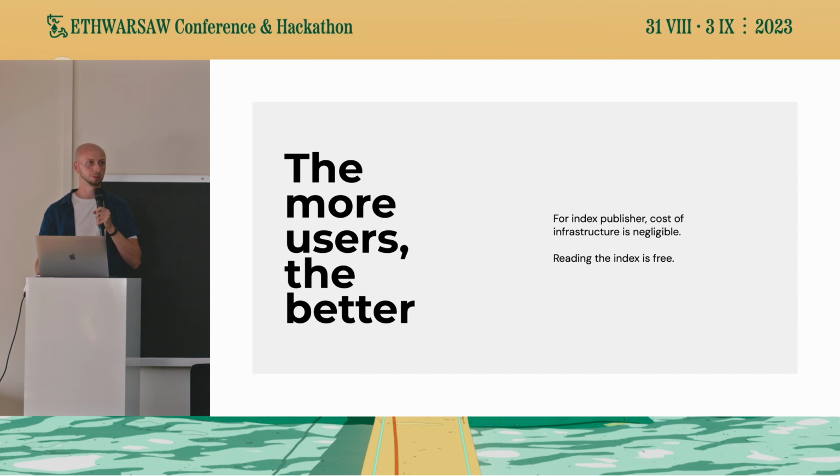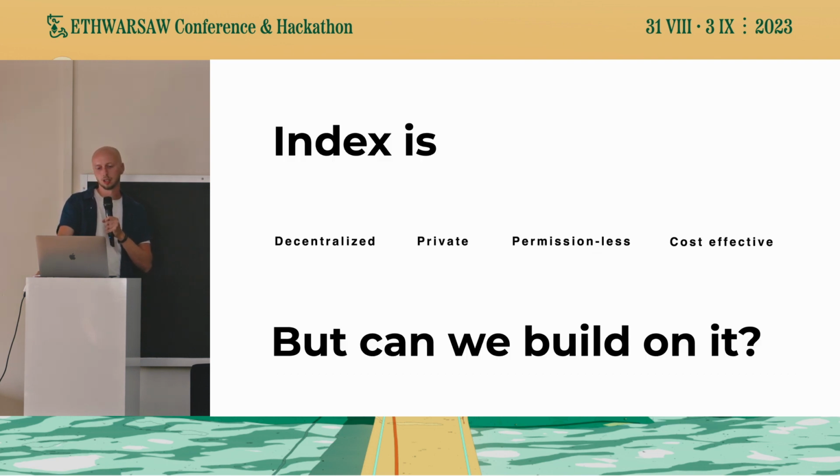And yeah, sure, people can still make profit, of course, but costs will be higher. With Unchained Index, for the index publisher, the cost of infrastructure is negligible. And it's always free to read the index for the users. So we have an index that's decentralized, private, permissionless, and cost-effective.